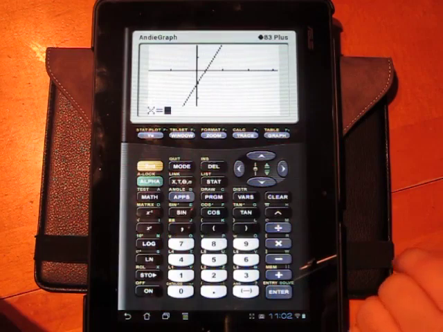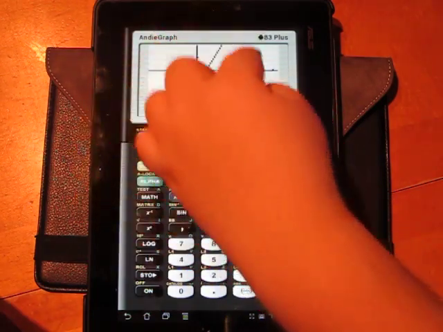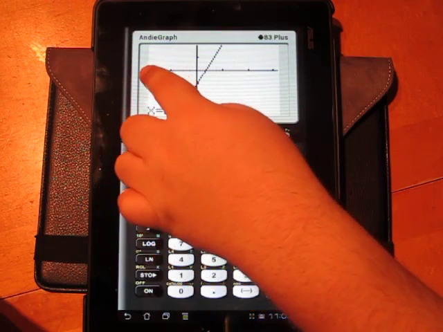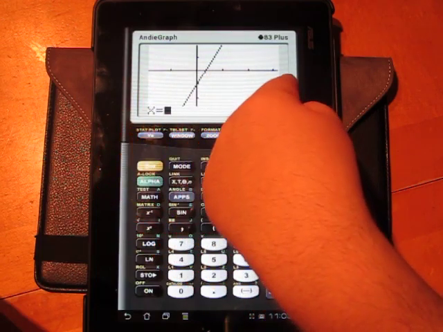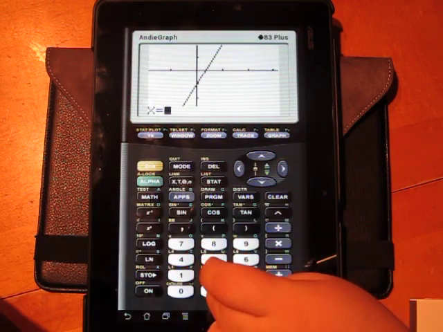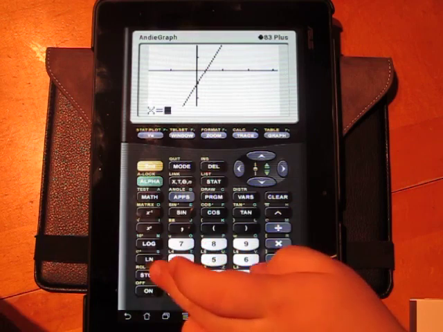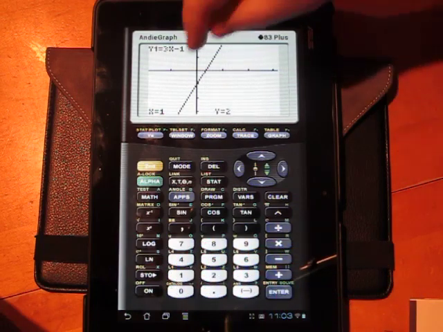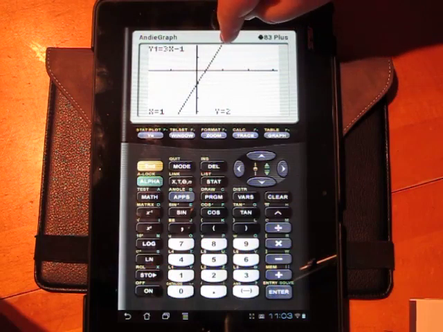Go value, then I have to choose a value that's inside my window. That's where I'd want to reset my window to being bigger than it is. X's here go from about -2 to +4, so I'll say 1. If x is 1, then hit enter. If x is 1, I get my y being 2.